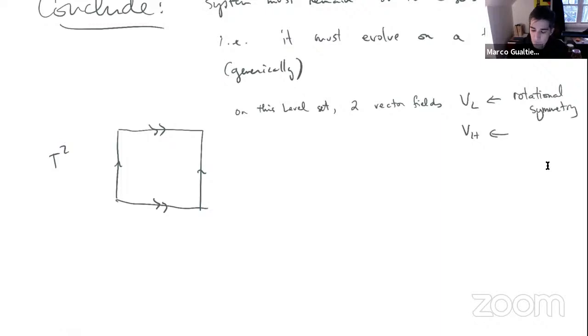Whereas VH is the evolution in time. The rotational symmetry on a torus, you may not be surprised that it's just rotating the torus. So the rotational symmetry is just rotating the torus like this.